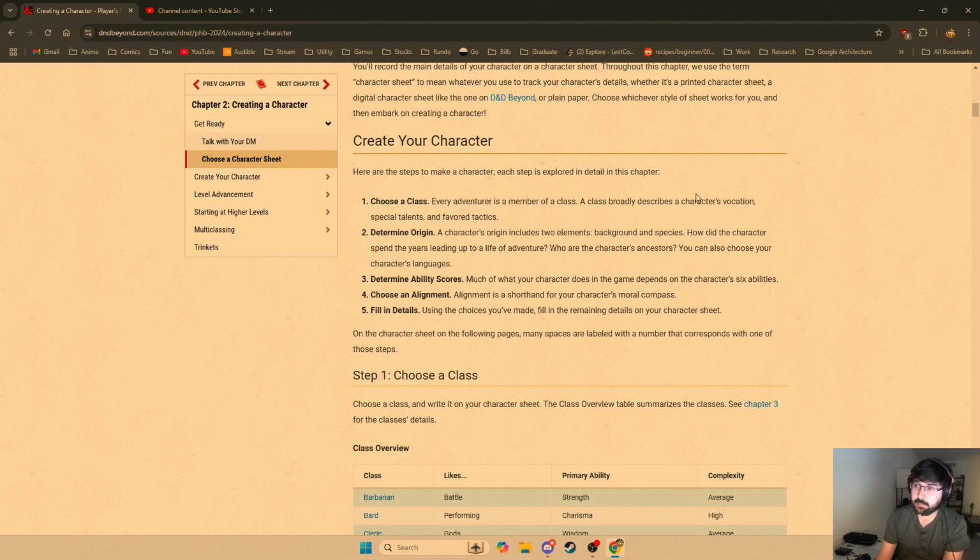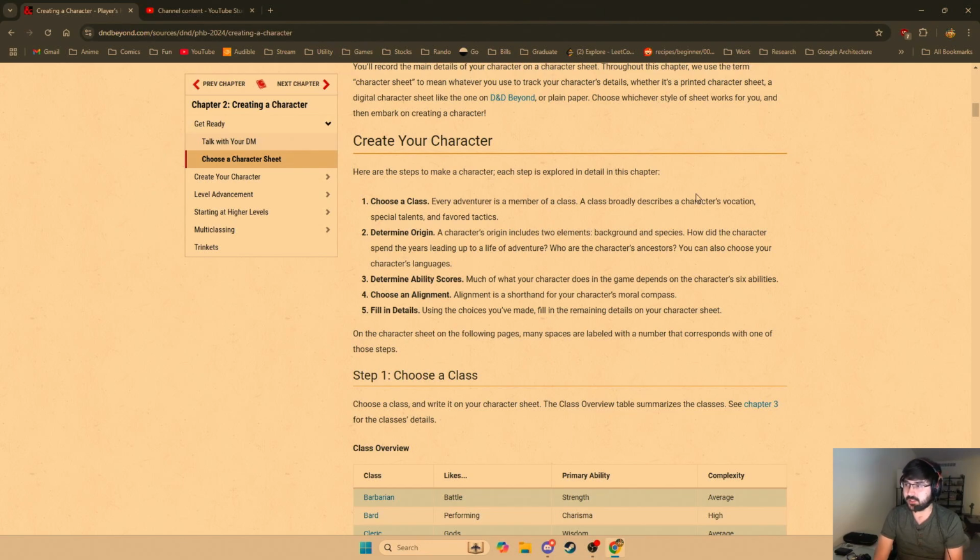And many DMs, I feel, put restrictions on what races you can play as because that really affects the tone of the world. If it's a world overrun by orcs and they're the main bad guy, maybe the DM doesn't want the players to be orcs.